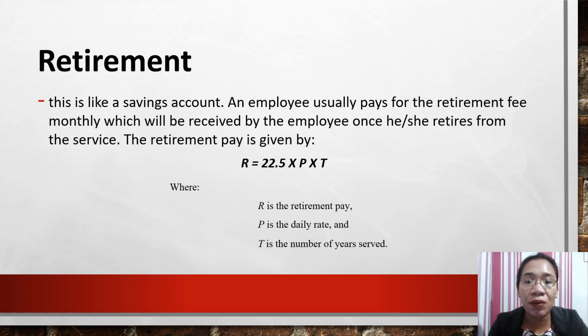That is how the retirement benefit is computed for an employee. Again, R equals 22.5 times P times T, where P is the daily rate and T is the number of years served.